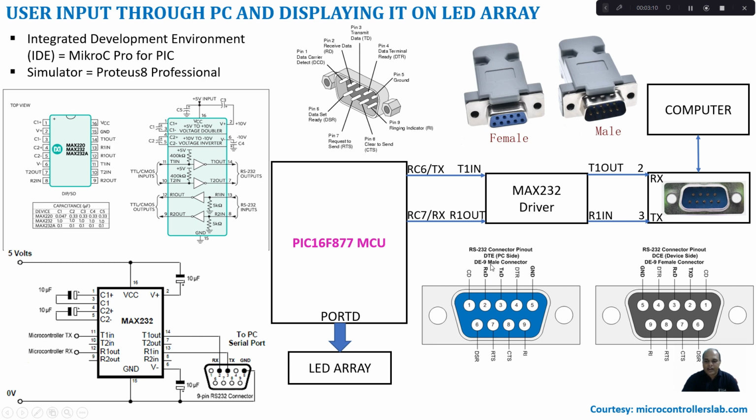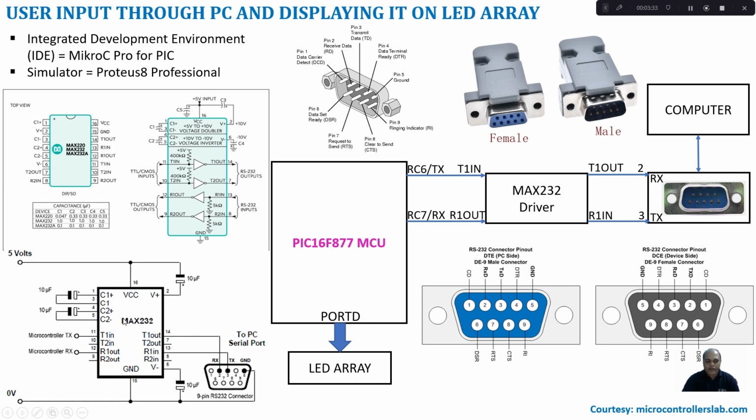The signals in the transmitter line and receiver line vary with respect to the ground signal. We will connect something like this. To T1 in, the microcontroller transmitter line will be connected, and to R1 out, the microcontroller receiver line will be connected.